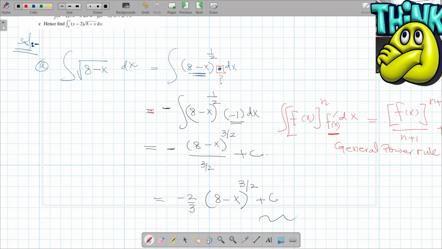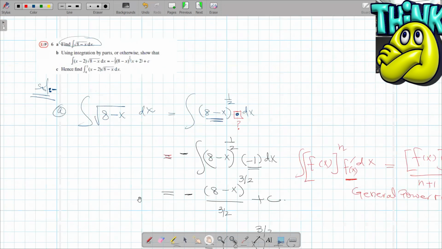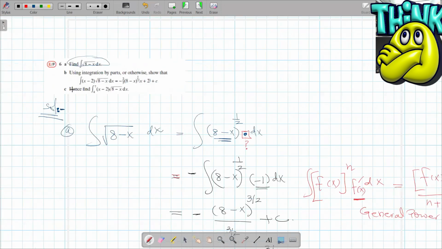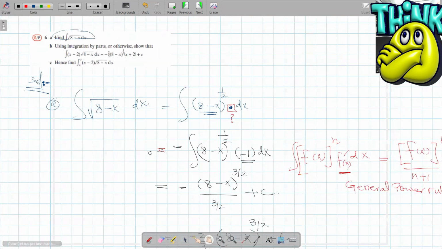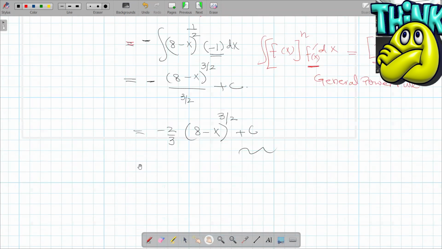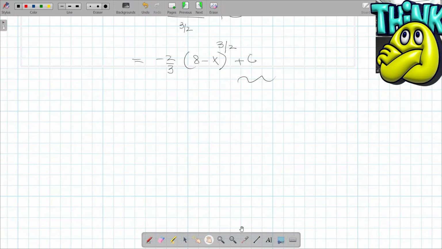So this was simple. The next part is this b part. We have to prove it. x minus 2 times the square root of 8 minus x. Use integration by parts or otherwise. Let's do it, b part.